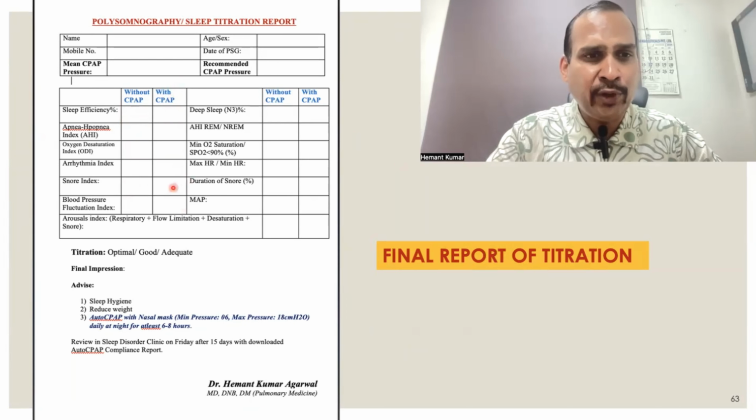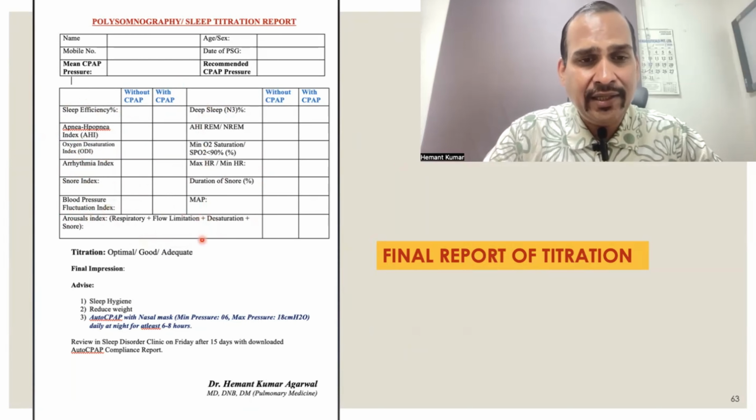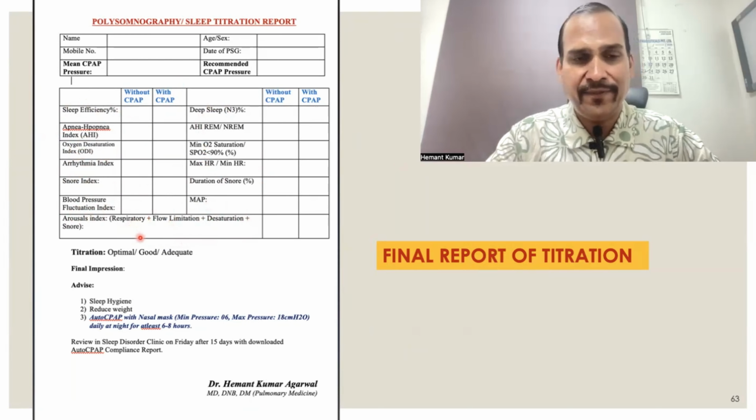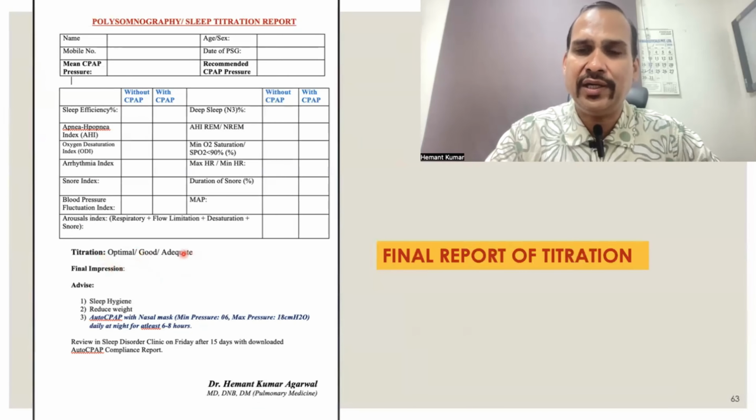These are important parameters we should remember: sleep efficiency, AHI, ODI, arrhythmia, snore, blood pressure, maximum HR, and last one is the arousal index. We have to compare. After titration, we have to mark whether titration was optimal, good, or adequate.